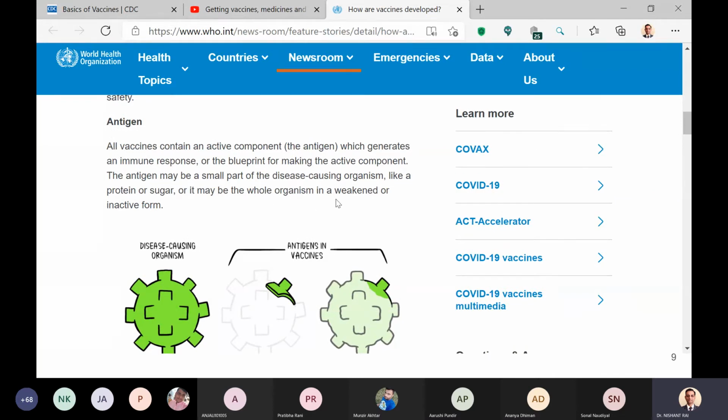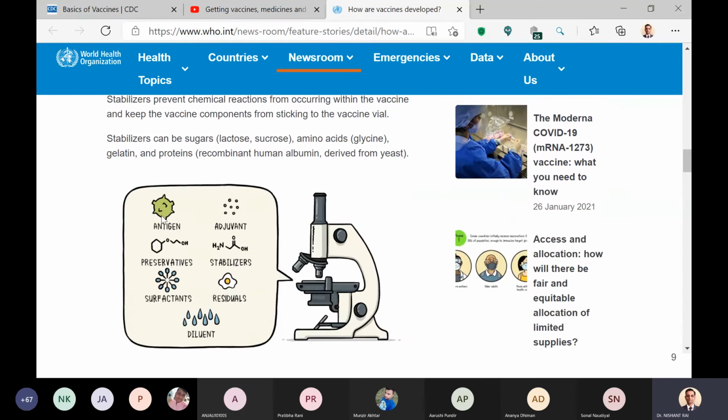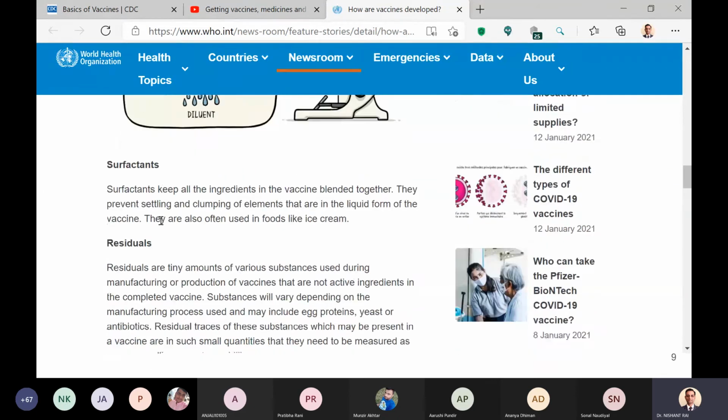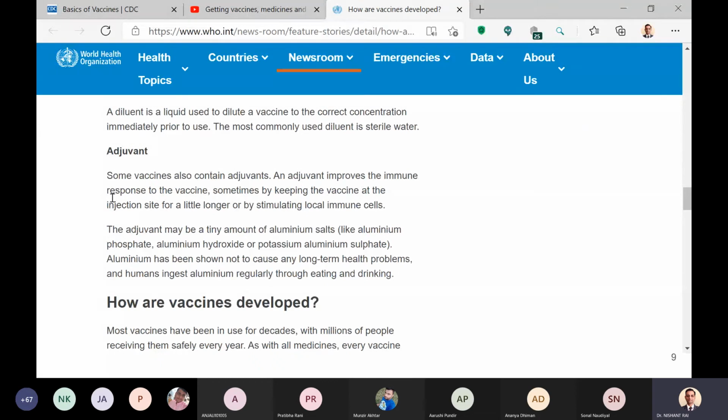It may be a peptide, it may be a protein, or you can even take the genome of that virus, meaning DNA. That is a DNA vaccine. So antigen can be anything. You will take preservatives, stabilizers, surfactants, diluents, and the most important thing is adjuvants.